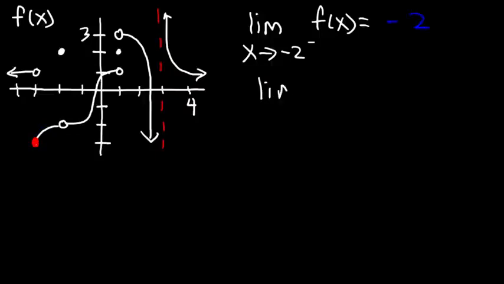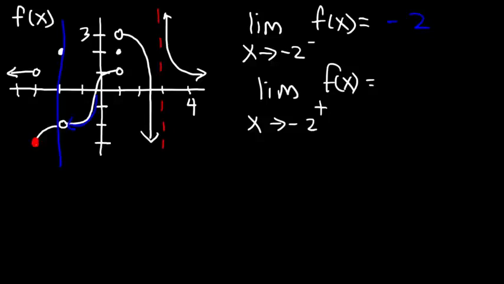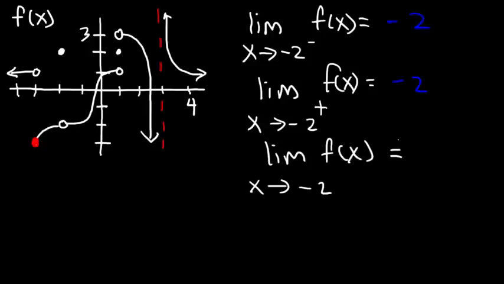What is the limit as x approaches negative 2 from the right side? This time, we want to approach the vertical line from the right, and it points to the same value, negative 2. So therefore, the limit as x approaches negative 2 from either side does exist, because these two match. So it's going to be negative 2.